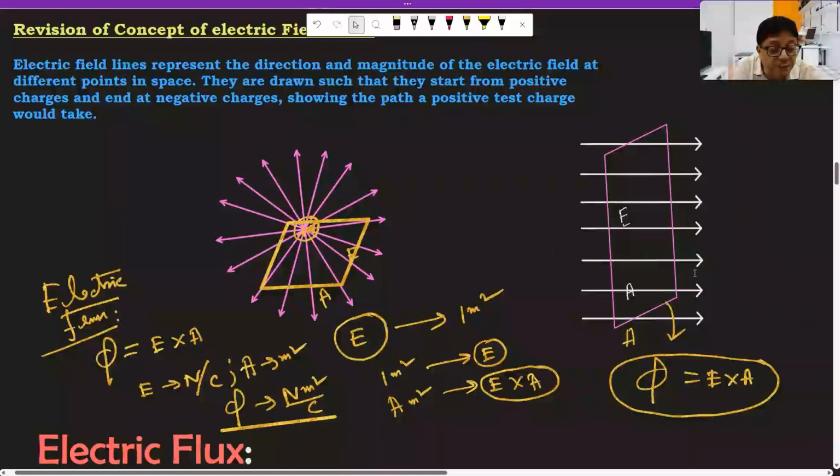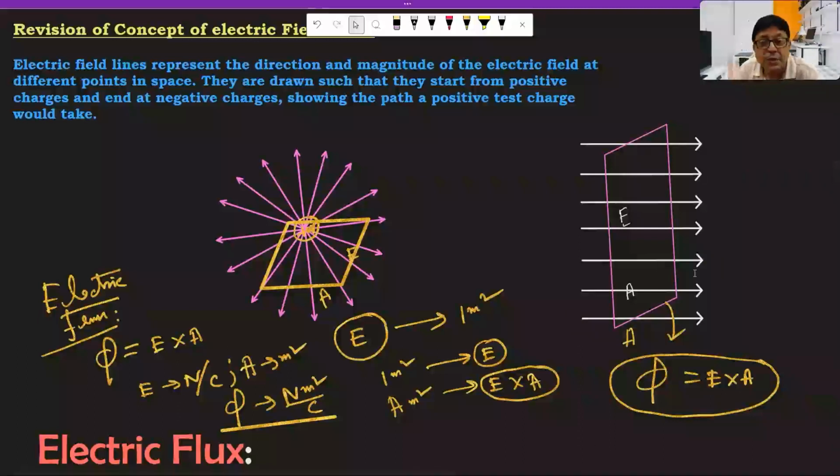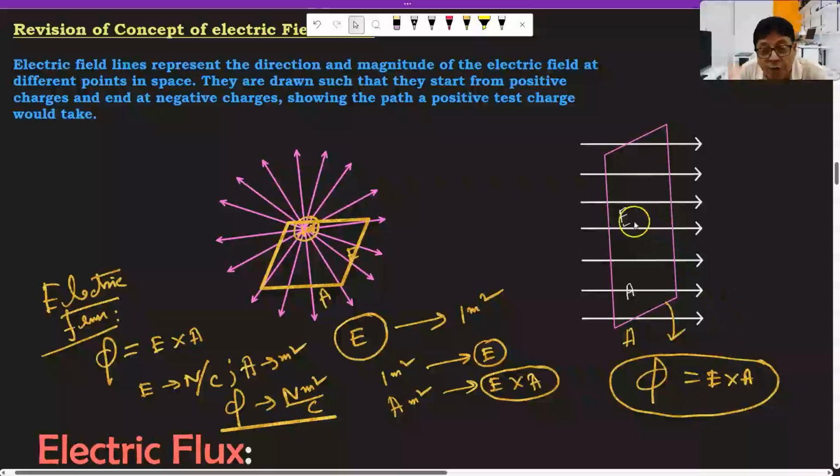This definition, phi equal to E into A, the total number of lines of forces calculation, will match exactly for this, when you hold the area perpendicular to the flow of lines of forces. Problem arises when the surface is not perpendicular.